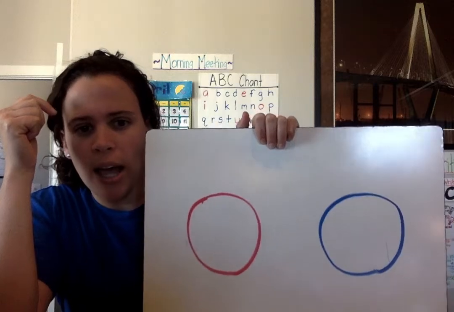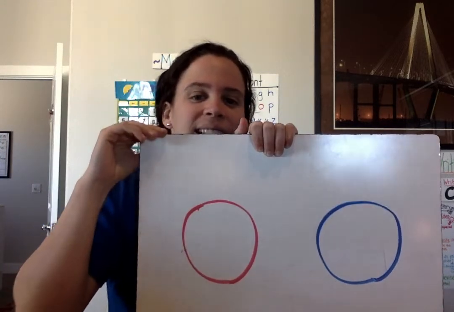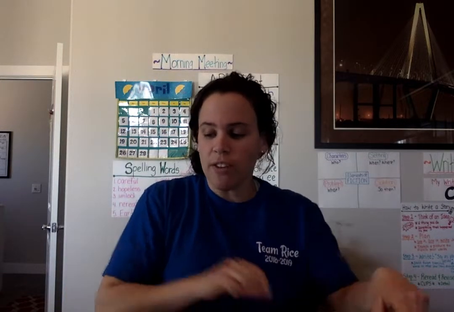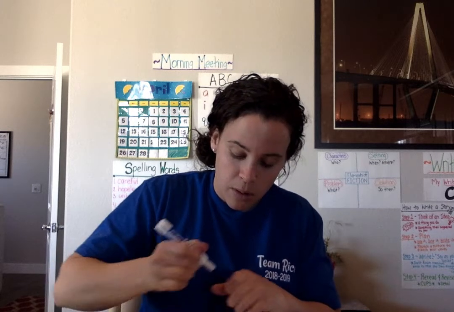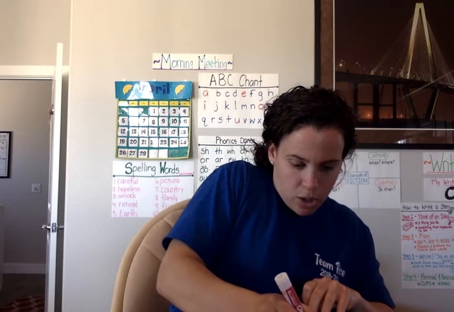Okay, so draw a line in the blue circle showing two parts that are not the same size. Do that now. That is your solve and share. I'm going to do it too. And then we'll come back to this.